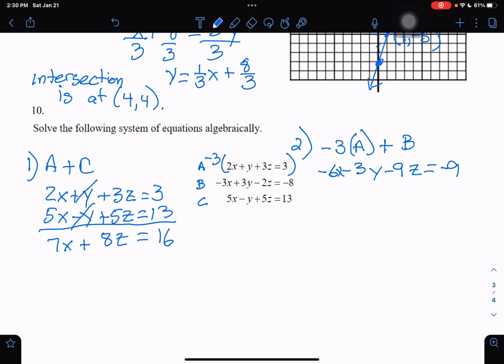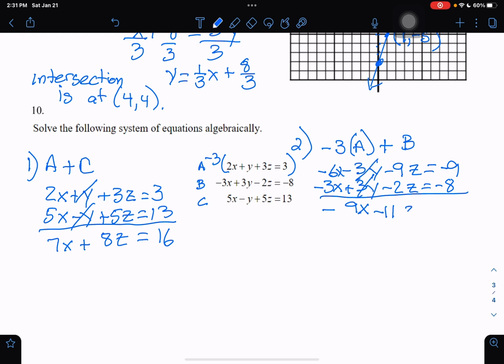I have negative 3x plus 3y minus 2z is equal to negative 8. And if I add these two, I get negative 9x, the y's cancel, I have negative 11z is equal to negative 17.